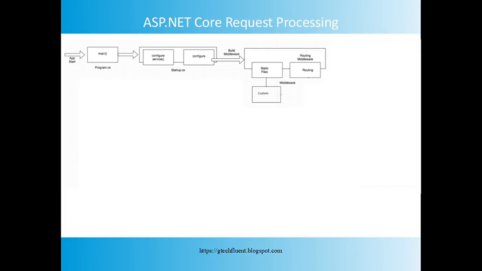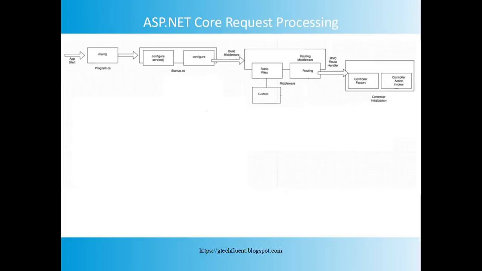The next stage is controller initialization, and it consists of the MVC route handler, controller factory and controller invoker. The MVC route handler begins the process of initializing and executing our controller. The controller factory is responsible for creating the instance of the controller class.